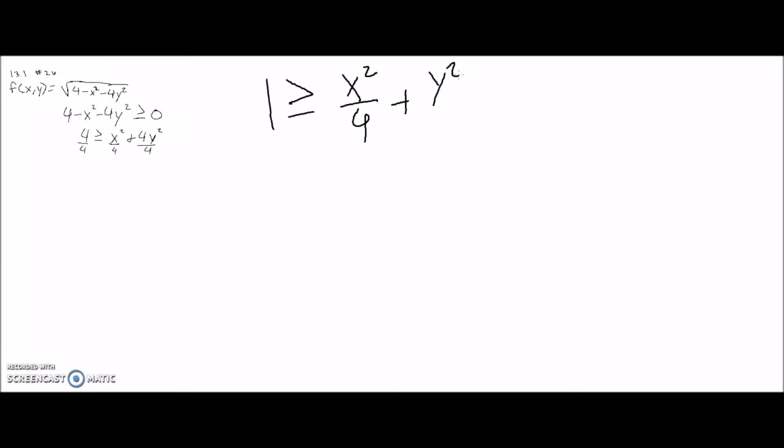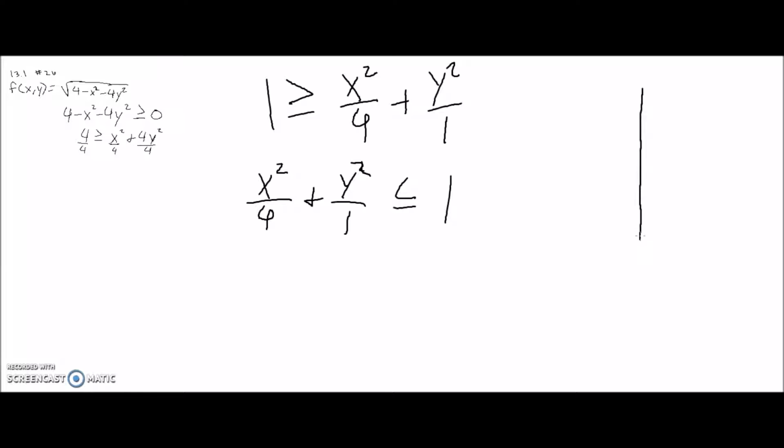Now, for continuity's sake, to be able to show how big the radius is, I'm going to put this y squared over 1. And then I'm going to rewrite it so that we get the x squared and y squared on the left side of the equation. So that gives us x squared over 4 plus y squared over 1 is less than or equal to 1.